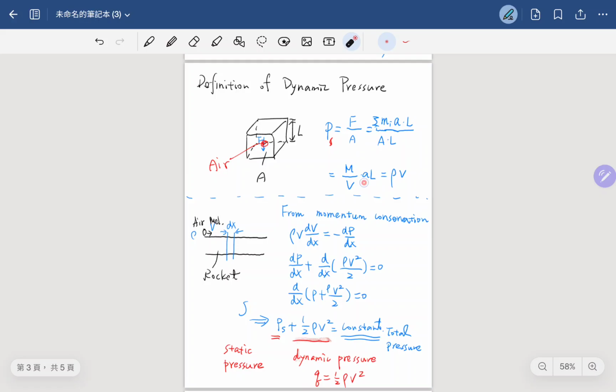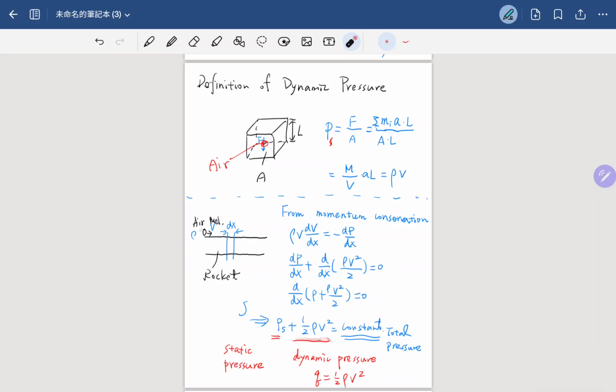The acceleration: we all know that F equals ma. The force acted by the air molecules on this object equals m times a. This acceleration times the length equals the velocity if we consider the air is not so huge.